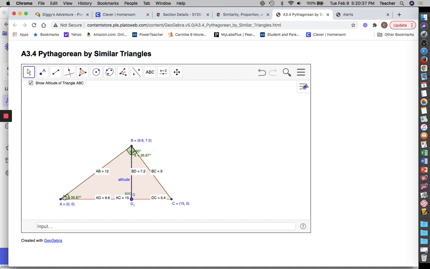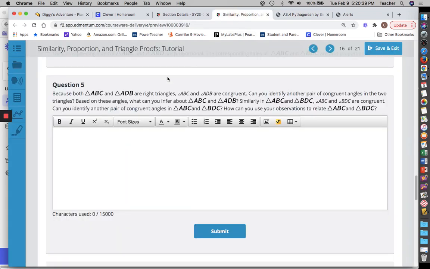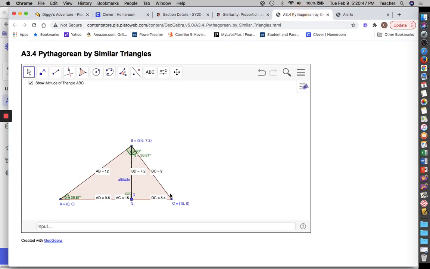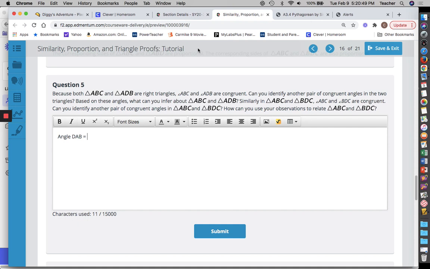All right. So I said angle DAB is equal to DBC. So they are the same. Based on these angles, what can you infer? Well, I can infer that the triangles are similar because we already know the sides are proportional.